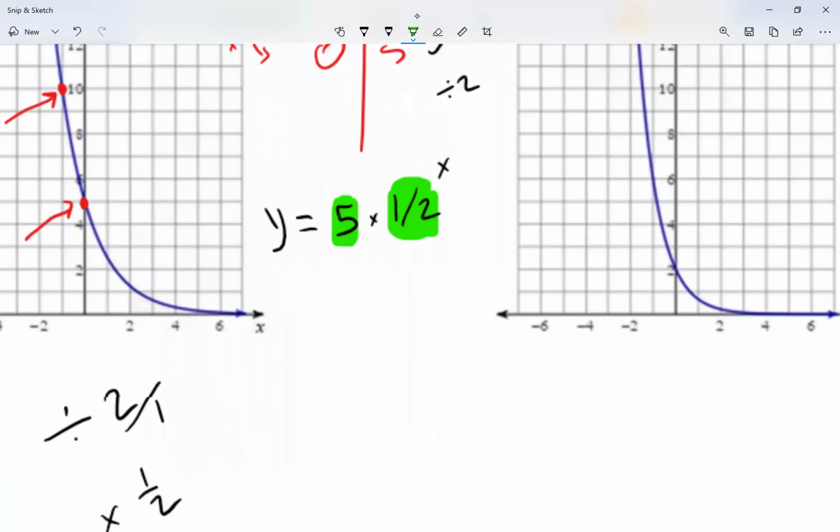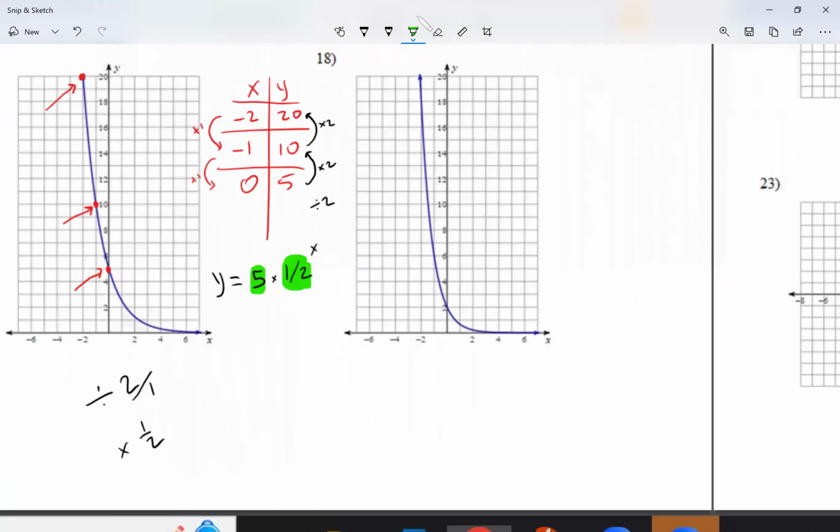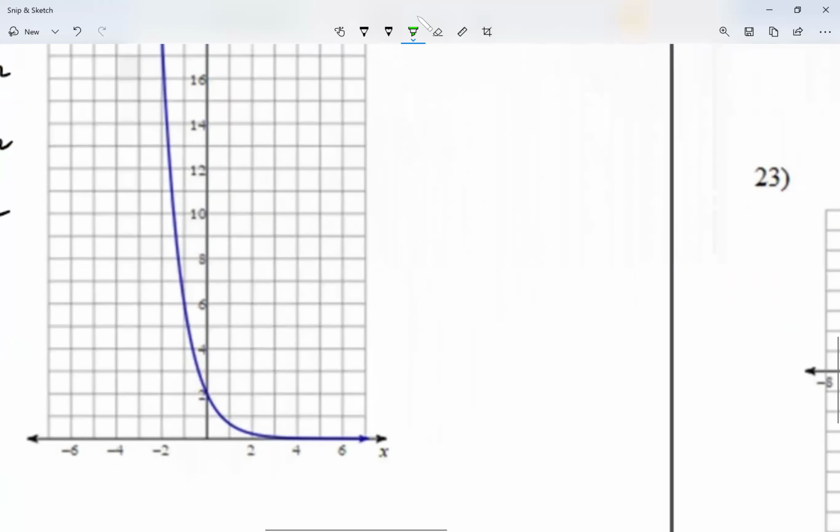Everything else is typed for you already. So in this case, my initial value is 5. My multiplier is 1/2. Okay, good. Interesting. I expected it to be less than 1. So it's pretty cool. Let's take a look at question number 18.